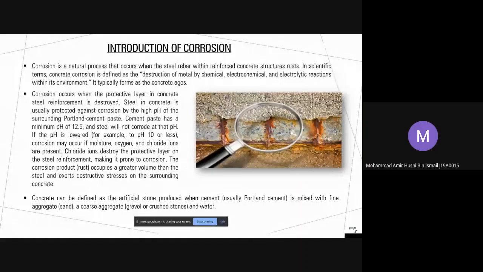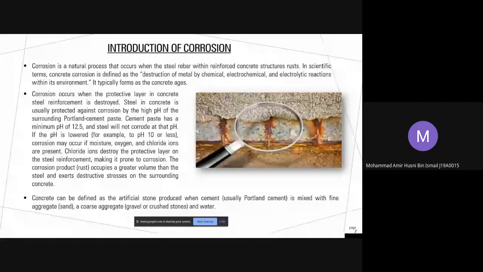Hi, Assalamualaikum. Today I will present about corrosion in concrete. So I will present the introduction. Corrosion is a natural process that occurs when the steel reinforcement within a reinforced concrete structure rusts.